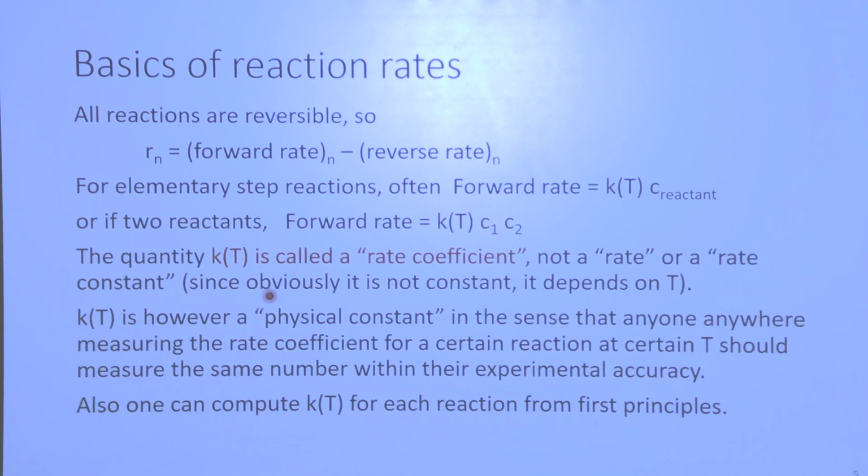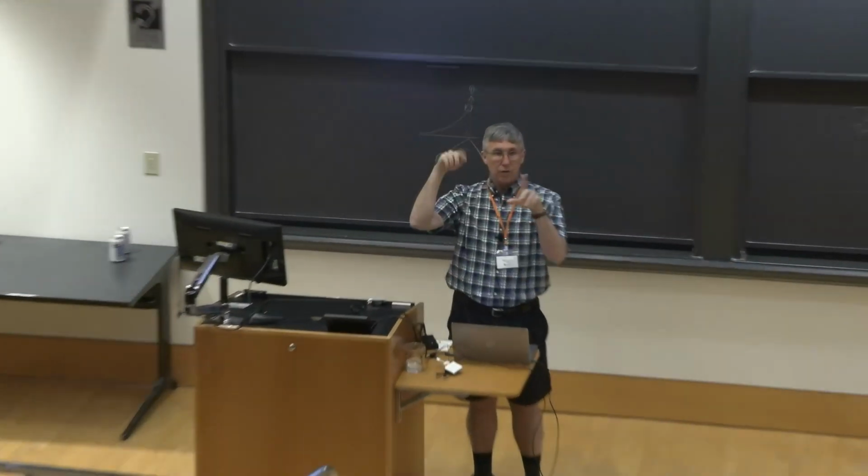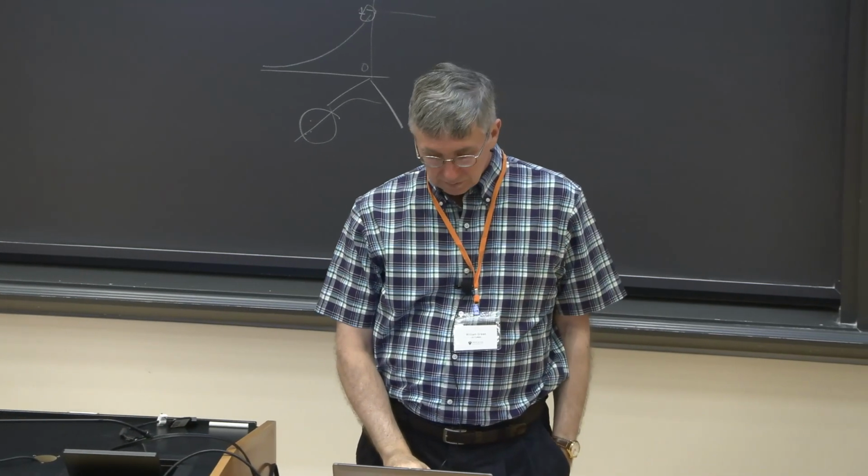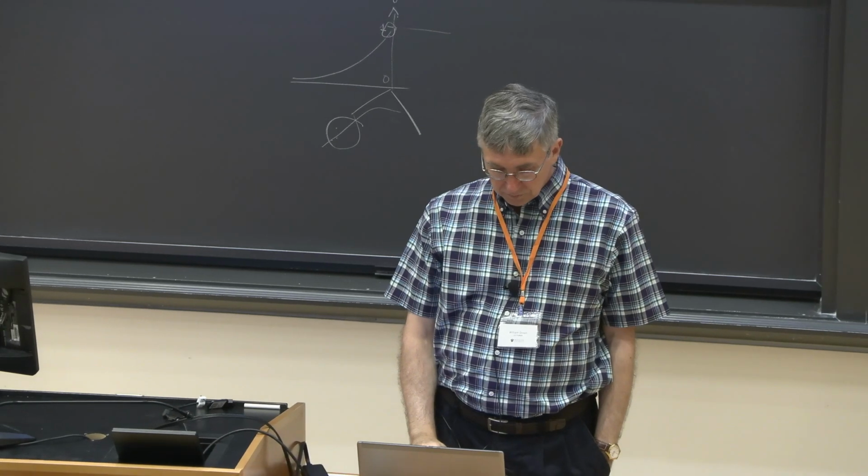Some people call them rate constants, but it's kind of misleading because it's obviously not constant: if you change the temperature, it's different. And typically in the combustion system, the temperature is varying over quite a gigantic range. So the same K has wildly different values in different spots at different times because the temperature is all over the place. So the right way is to call it the rate coefficient.